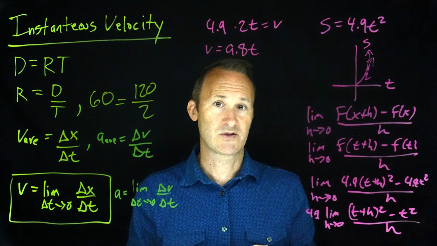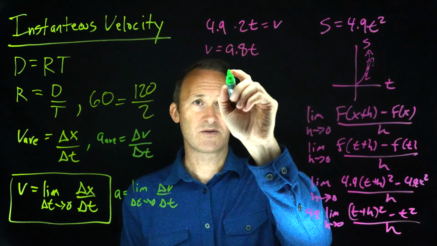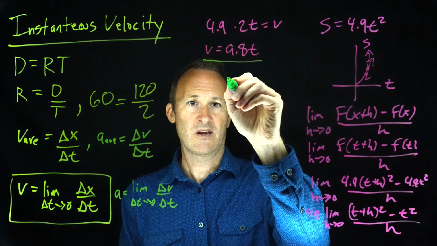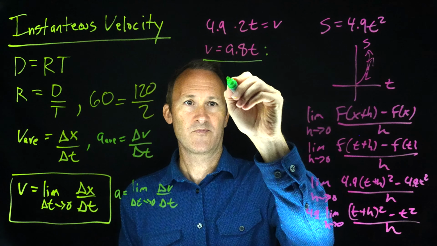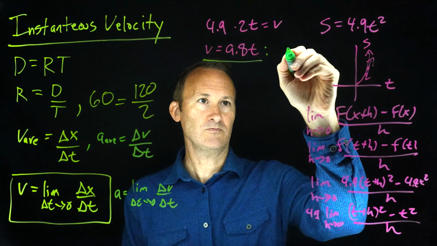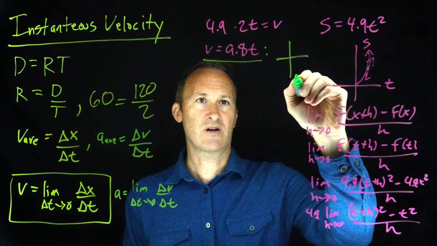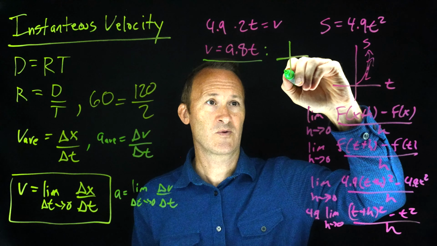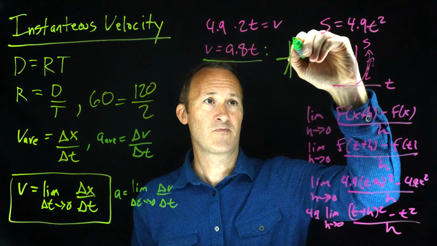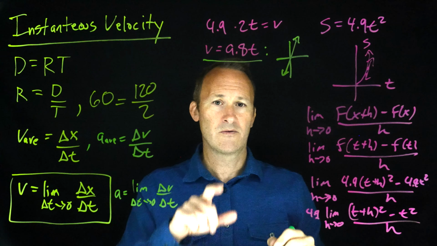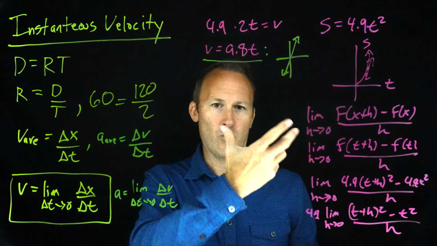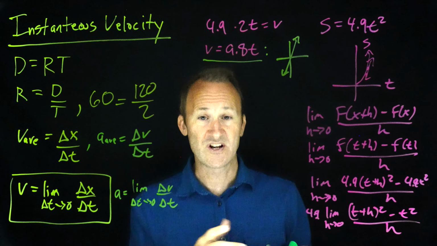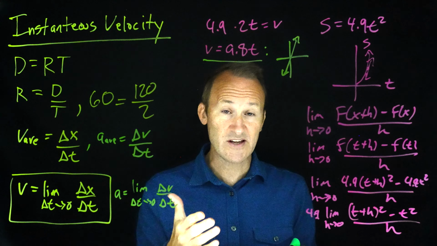So what I'm going to do now is plot this one, v equals 9.8t. If I plot this, I get a simply a straight line at a steep slope, a slope of 9.8. And so the question of what is the derivative of this function, what is the slope everywhere of this function?